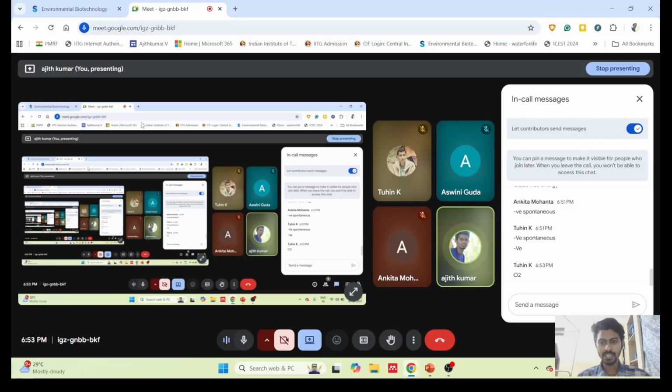Yes, it is correct, Tuhin. O2 is more energetically favorable. What could be the reason? Why is O2 more preferred than NO3?